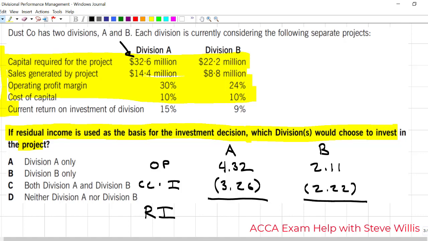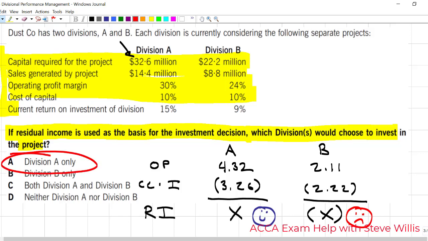Now the answer is jumping out at us. This number will be positive, won't it? This number will be negative. Investors will be happy to have returns higher than their minimum required return. Over here, we don't hit the threshold. So we like division A only as the answer to this question.